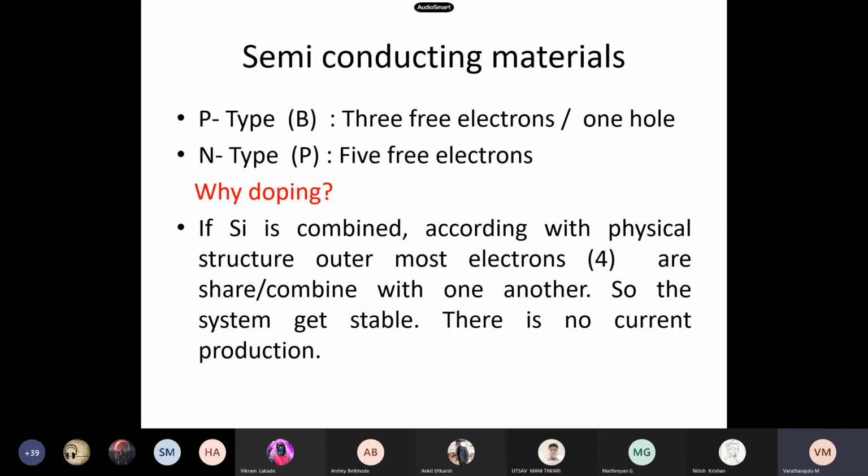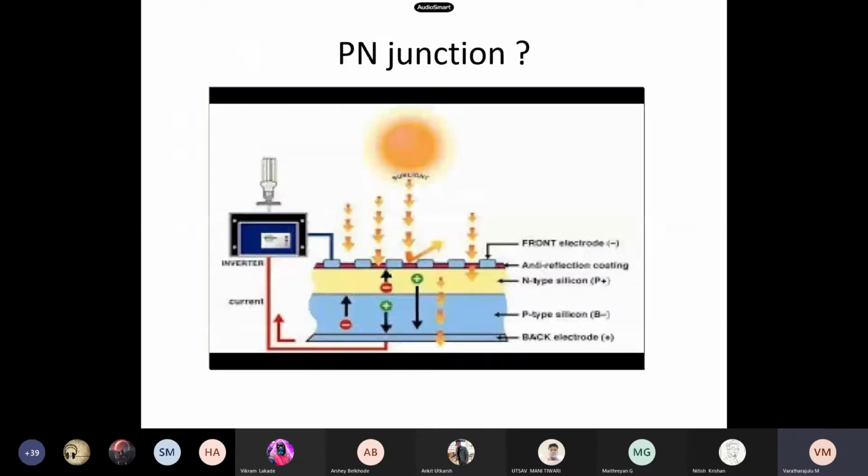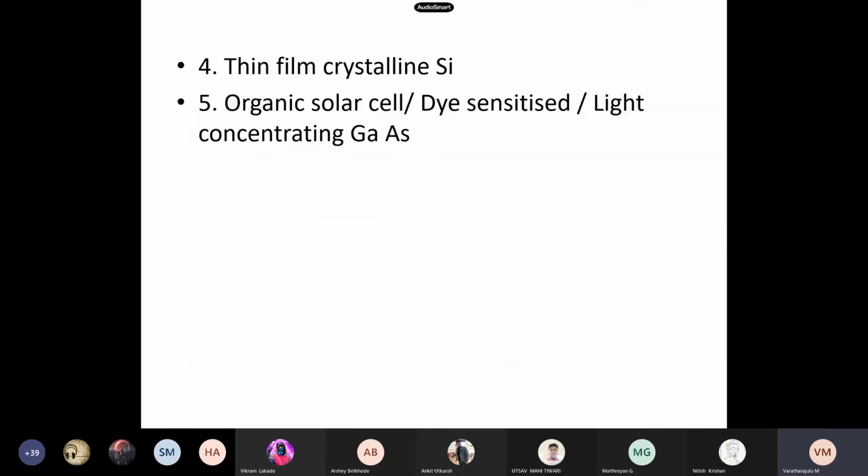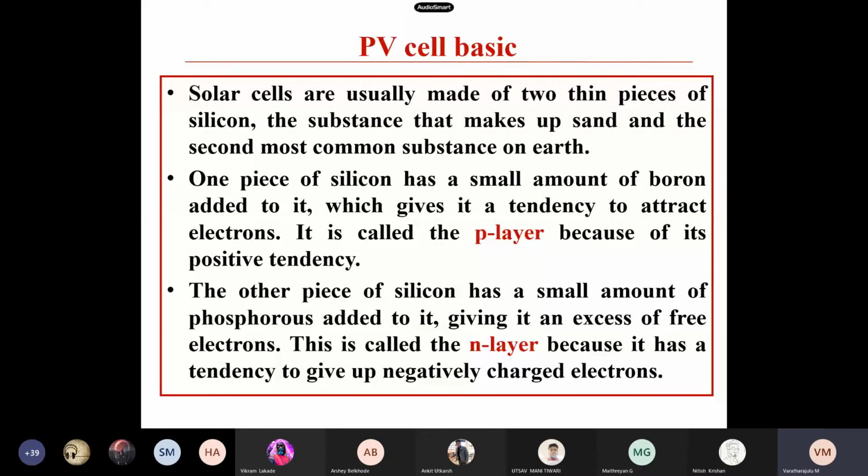The PV cell is the basic. We need to understand the PV in order to understand solar. Solar cells are usually made of two thin pieces of silicon, and silicon is the most abundant material on earth. Sand is the second most abundant material available on earth.